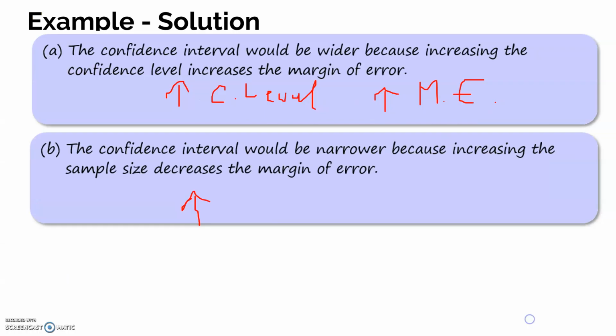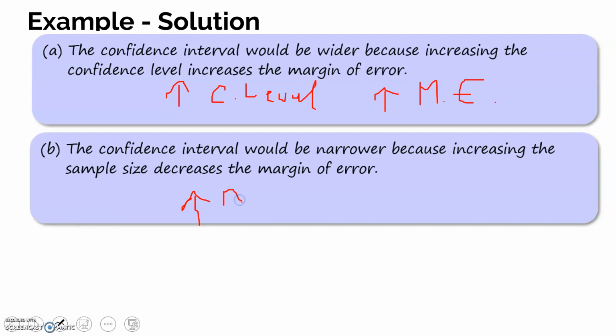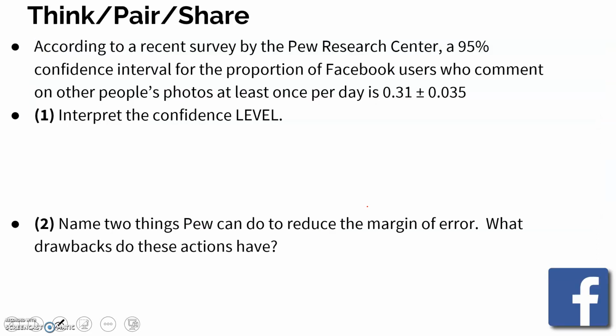Now for part B, when your value of n, your sample size, goes up, your margin of error decreases, which gives you a narrower interval. So remember, sample size is inversely related to margin of error, whereas confidence level is directly related to margin of error.